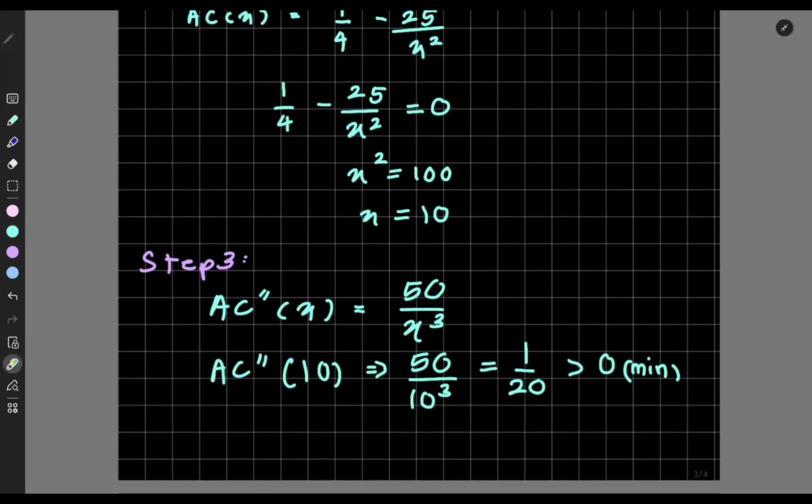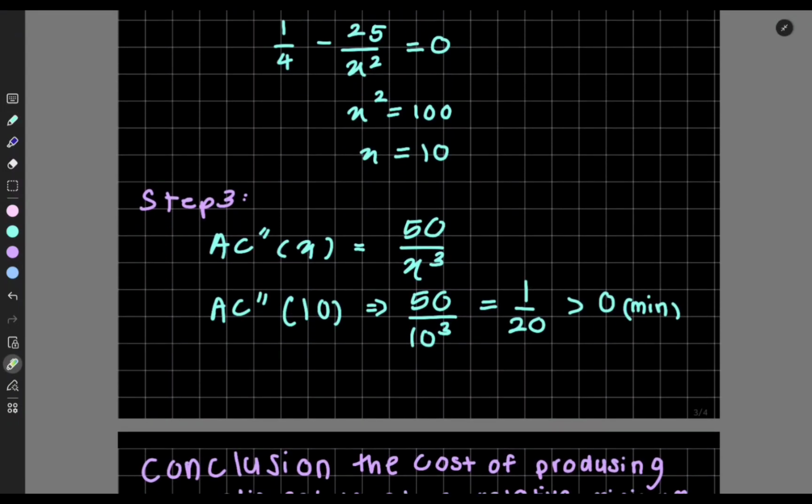Step 3, to confirm whether x equal to 10 is a minimum or maximum, we use the second derivative test. When we differentiate it, we will get this as an answer, and we just substitute x equal to 10 into the second derivative, and the answer will be 1/20.